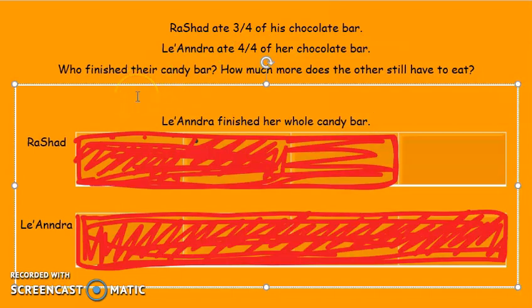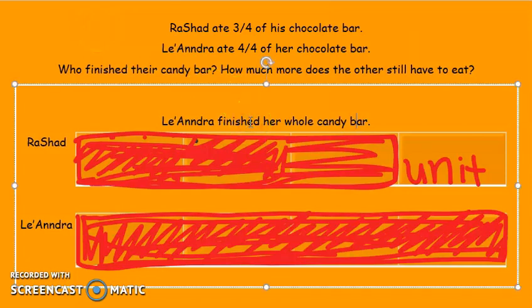And then looking at our second question, how much more does the other still have to eat? If Leandra finished the whole, Rashad still has more to eat. And it looks like here he just has that 1 at the end. And we know 1 in the numerator spot, 1/4, is going to be a unit. That is when we have a 1 in the numerator spot. So Rashad still has a unit of his fraction left to eat.